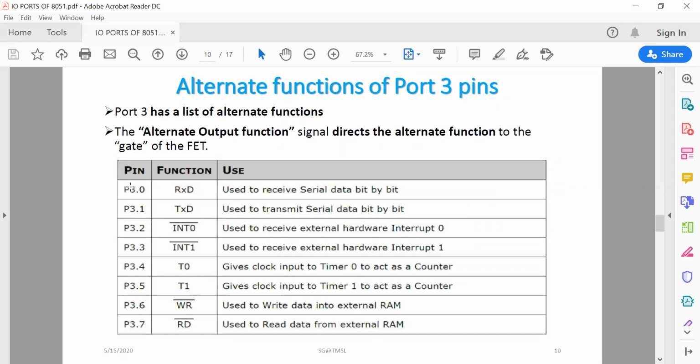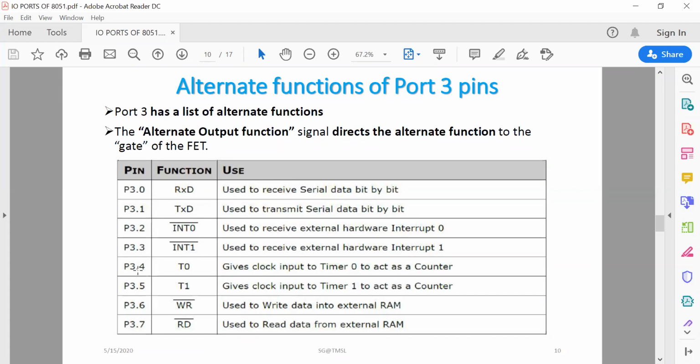Port 3 is divided into 8 bits: P3.0 has the function to receive serial data bit by bit, and P3.1 has the function to transmit serial data bit by bit. P3.2 is used for external hardware interrupt 0, and P3.3 for external hardware interrupt 1.